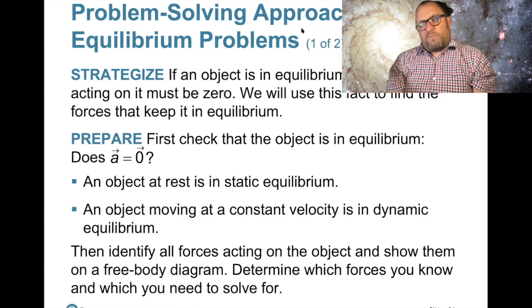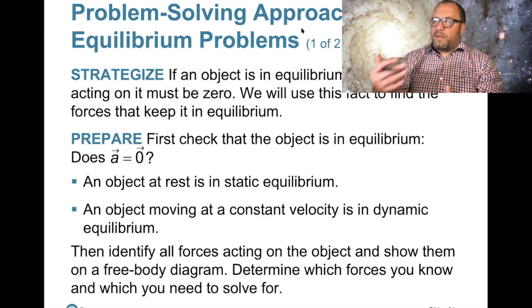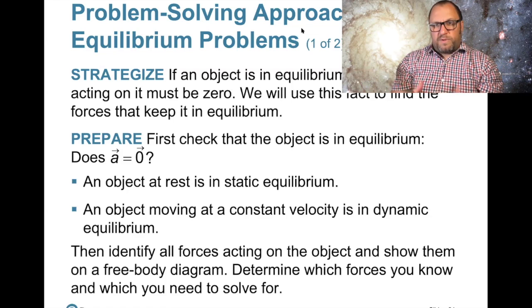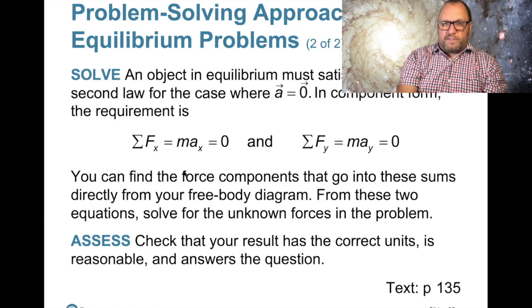It will give you some of the forces in the problem, and you will have to solve for the other forces. To do this, we use a system of linear equations, and the best way is to find the equation for your x forces and then find the expression for your y forces. Then you can solve for the unknown forces.